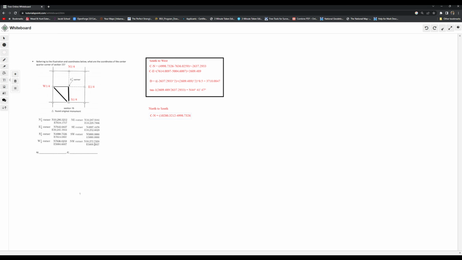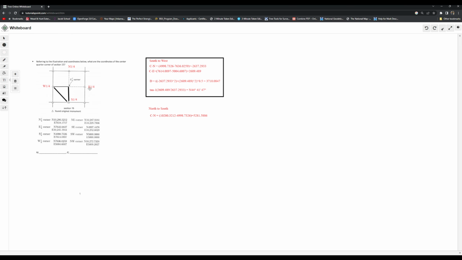And then we hit the equal sign, and we're going to get a distance of 5281.5886. So again, this is the northing difference from the north quarter corner to the south quarter corner.